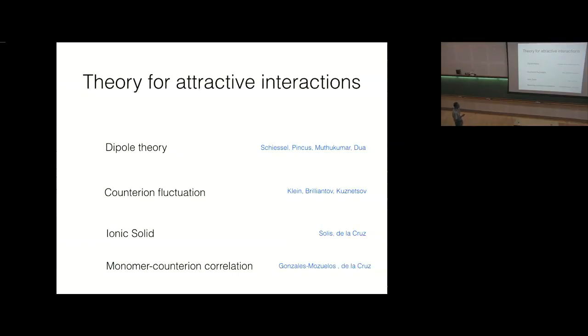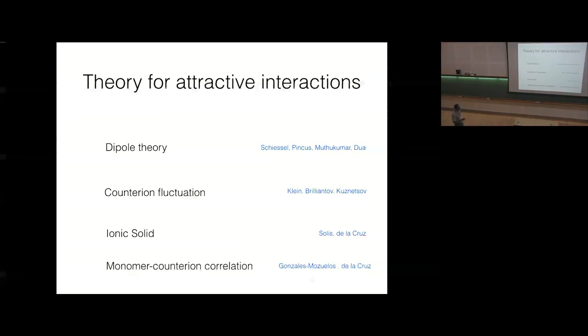Then there is another theory called counterion fluctuation theory, in which the counterions are treated as a one-component plasma, and charge fluctuations in this plasma create an effective attraction. And then there's another one called the ionic solid, in which the counterion and the monomer make a solid ionic bond. They don't fluctuate anymore, and there's an effective attraction due to that. And there are more theories like that. All of them predict a collapse transition.